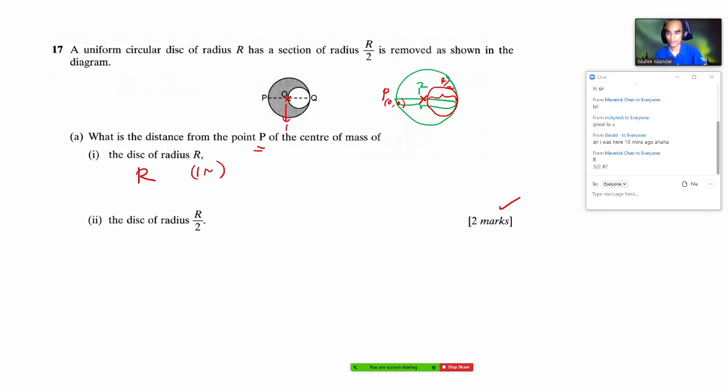This one will be r, this one will be r divided by 2. So the distance will be r plus r divided by 2, so it will be 3r divided by 2. So for the second mark, one more mark over here, 2 marks.